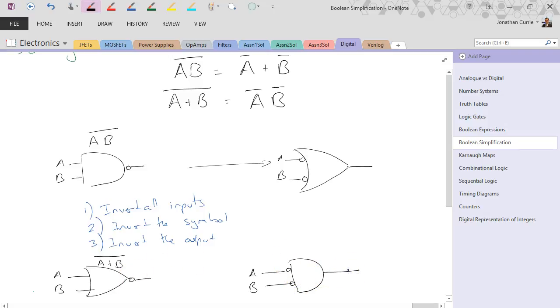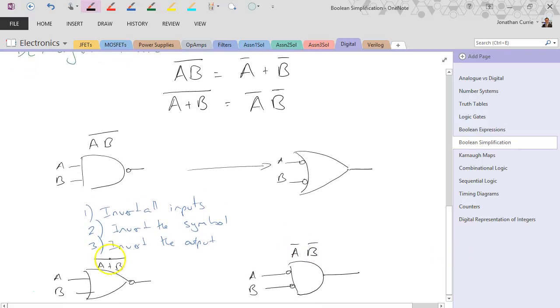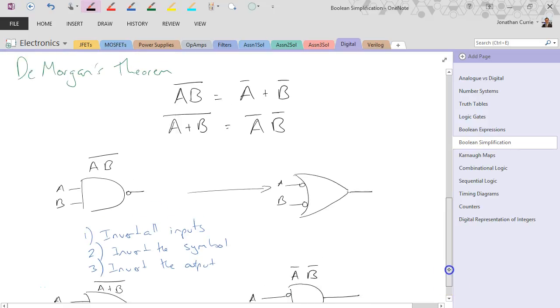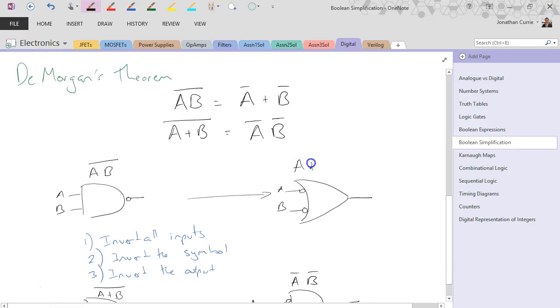Bubble goes to no bubble. And so you see now we have an AND gate with inverting inputs. If the bar, and note this, is continuous, then it's on the output. If it's not continuous, as we've done here, then it's purely on the inputs themselves. Quite important you see the difference between those two. This is a NOR gate, this is not a NOR gate.